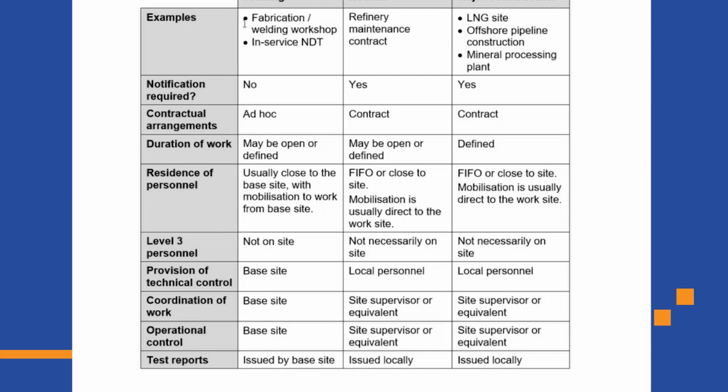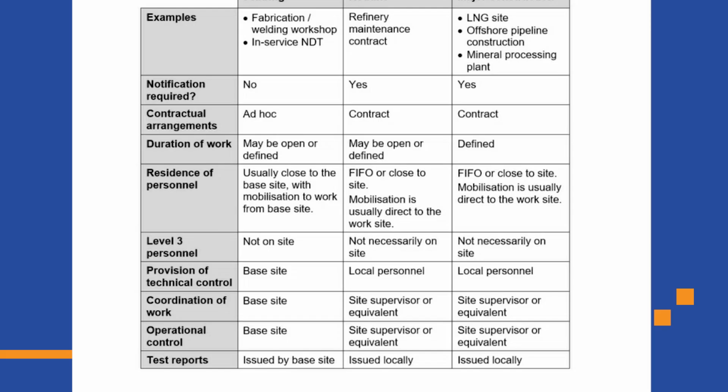So we made this table with requirements, examples, and typical arrangements to better distinguish what is jobbing work and what is a notified work site, routine or major construction site.